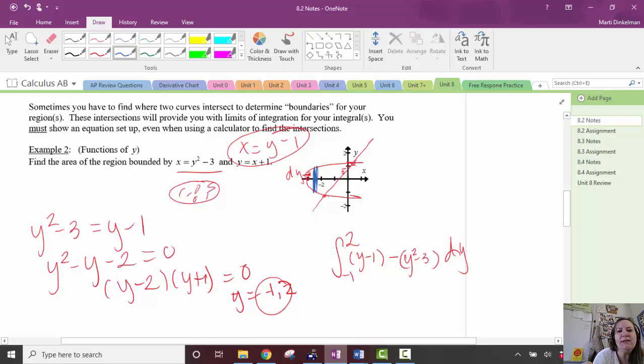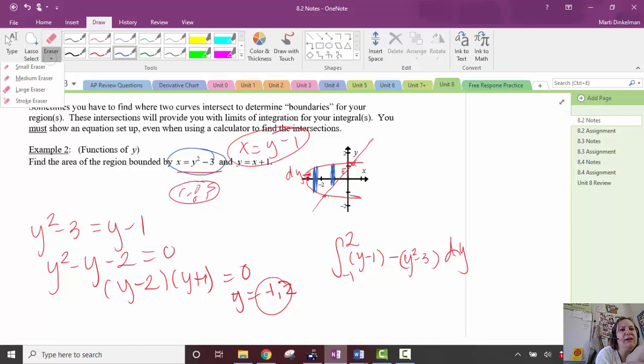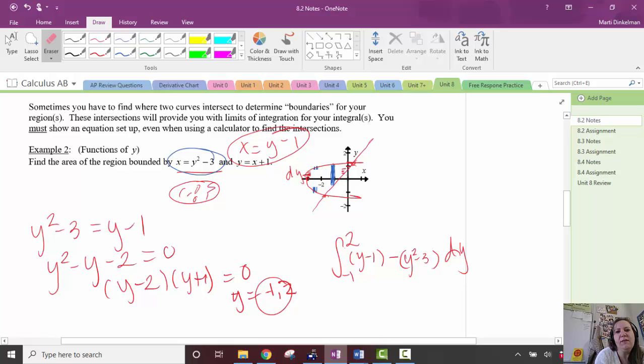If I move that and bring it over here, then the top is the parabola, but the bottom is the line. So I can do this in this way, but I'm going to have to do two separate integrals. I have to think of this parabola as two separate functions so that I can do top minus bottom. And that just seems like more work than just turning it on our side and doing kind of the same thing we would normally do in terms of x, but now just with a y.